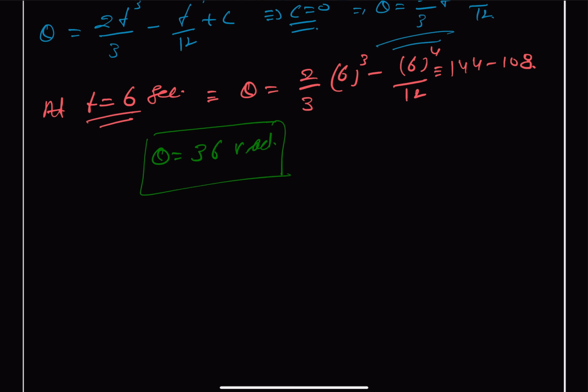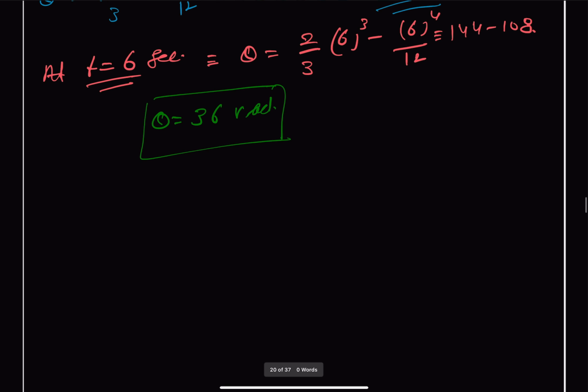Now we can just find out the number of rotations. Let us suppose the number of rotations is given as capital N, then we know that one rotation is 2 pi radians.